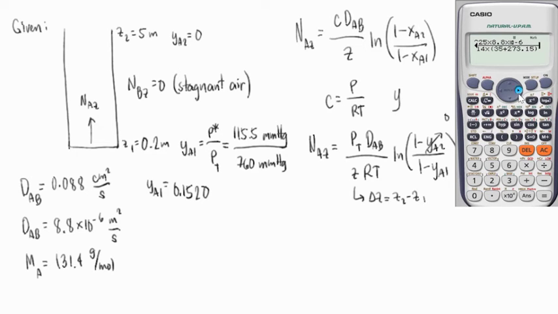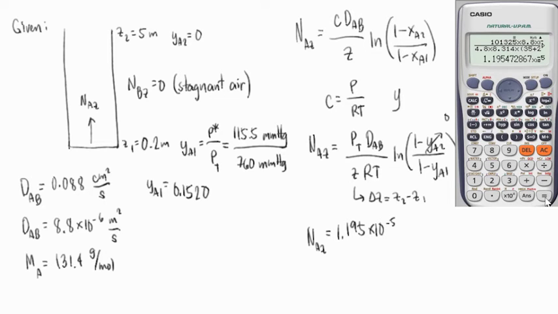And that is multiplied to ln of (1 minus 0 at the top is 1) over (1 minus YA1 is 0.1520). Our molar flux in this case has a value of 1.195 times 10 raised to negative 5.